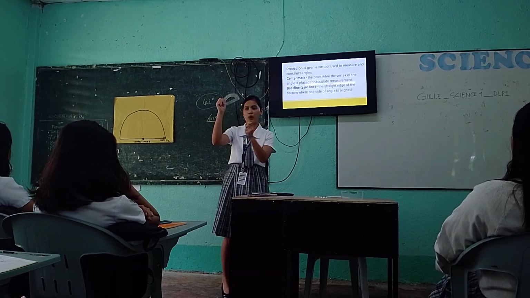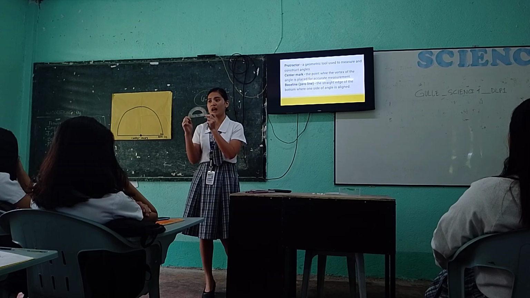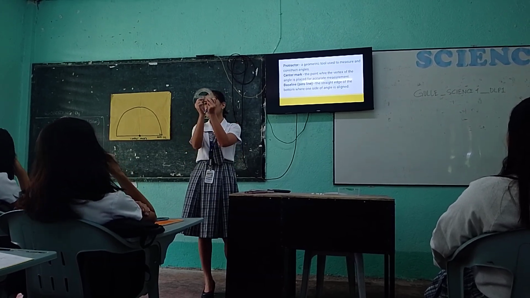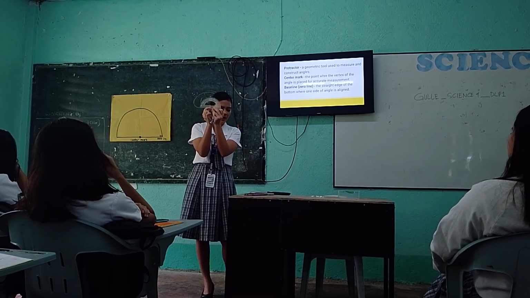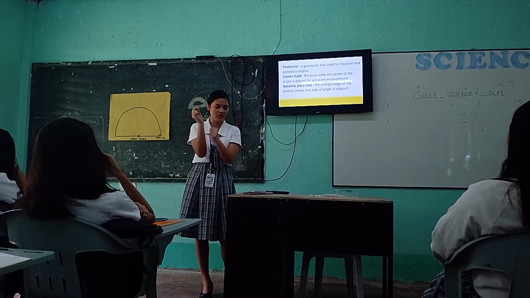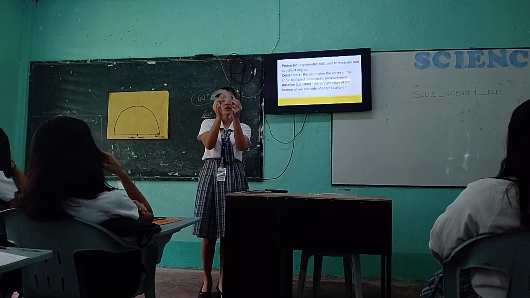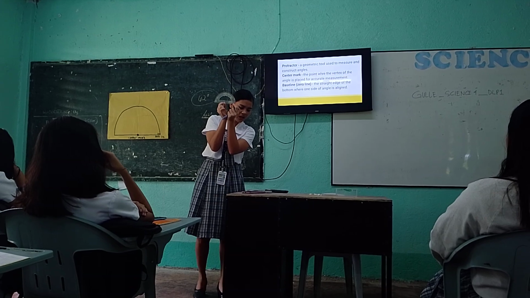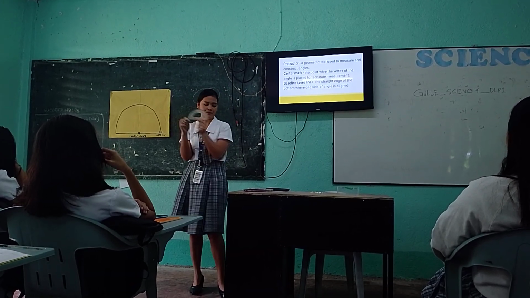Protractor, a geometric tool used to measure and construct angles. The center mark of a protractor is the point where the vertex of an angle is placed for accurate measurement. Then baseline or the zero line, the straight edge of the bottom where one side of the angle is aligned.